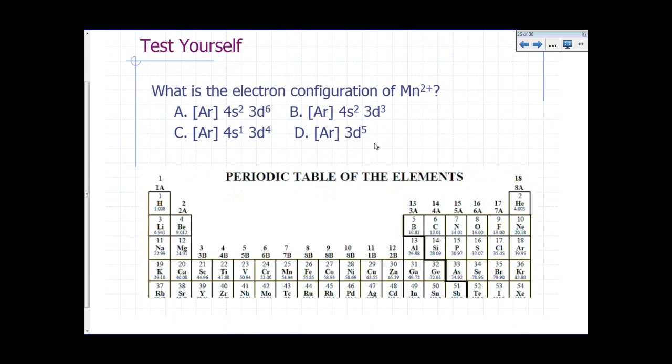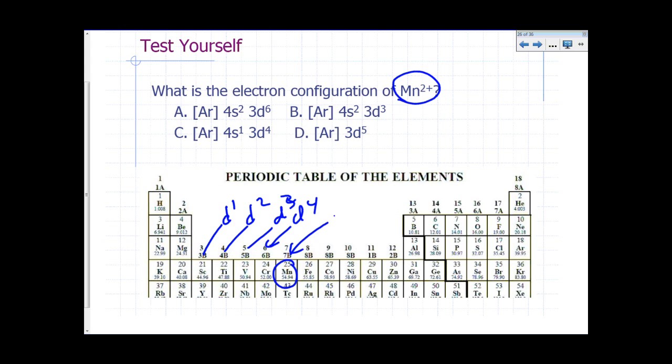Let's take a look at this question. What is the electron configuration of manganese with a +2 charge? All right, so here's manganese. It's in the d block. So you go d1, d2, d3, d4, and d5. You would expect it to have an argon core. After argon, you got 1s, 2s, 3s, 4s.